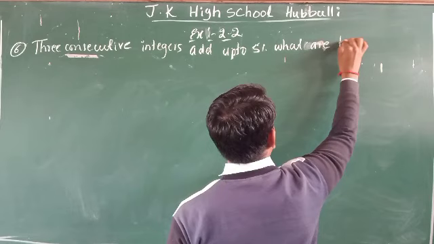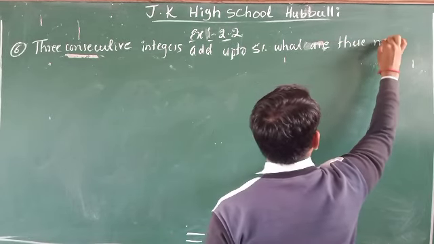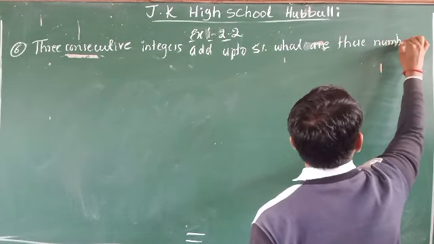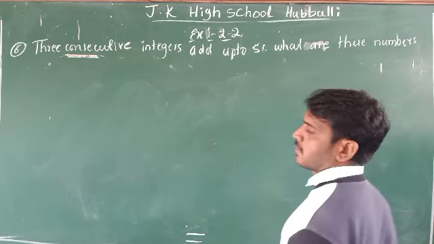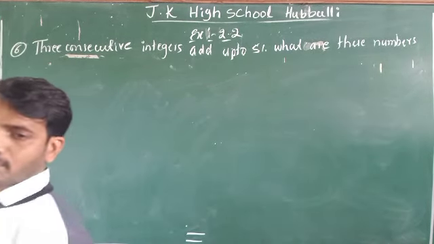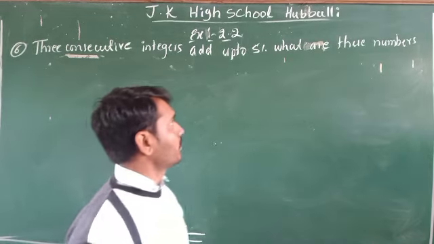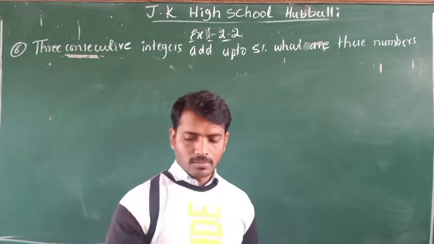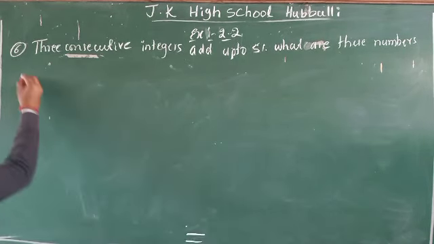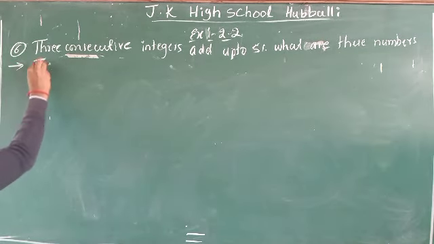What are these numbers? So look at the question. The question is three consecutive integers add up to 51. What are the numbers? First one, we have to take the consecutive numbers.